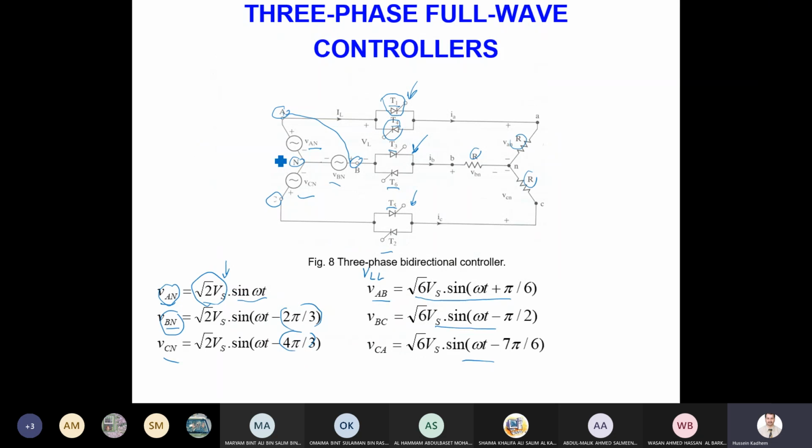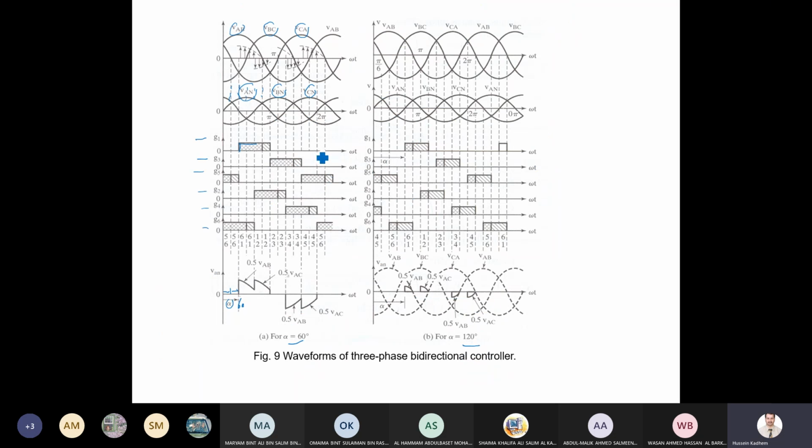Just let me go back. Thyristor 1 connects to which voltage? VAN. So VAN will appear across the terminal here. Okay, that's great. So you see from this point to this point is 120. This is 120, right? 120, 30, 30, 30, 30. Because we know that each thyristor will conduct 120, and thyristors 3, 5, and so on.